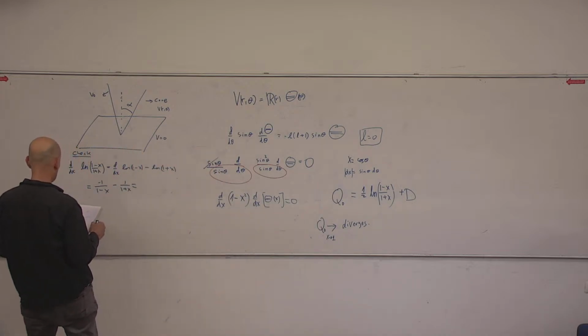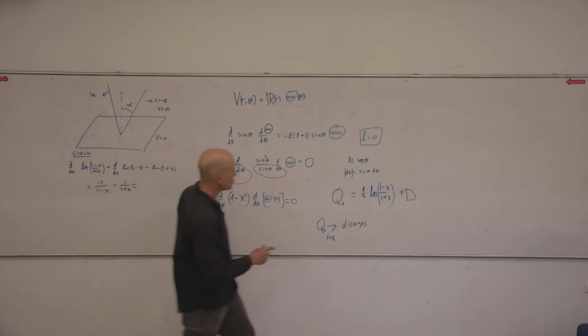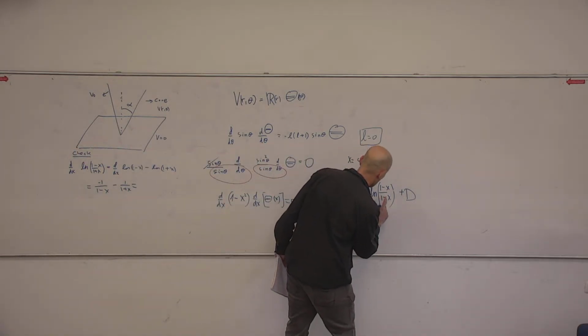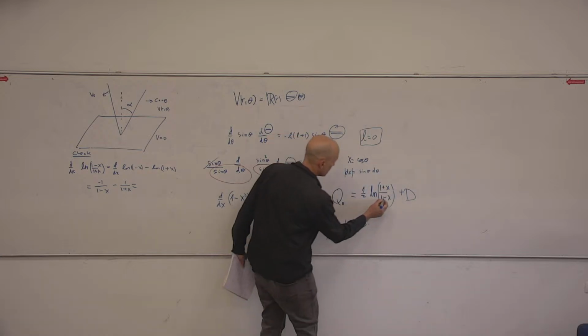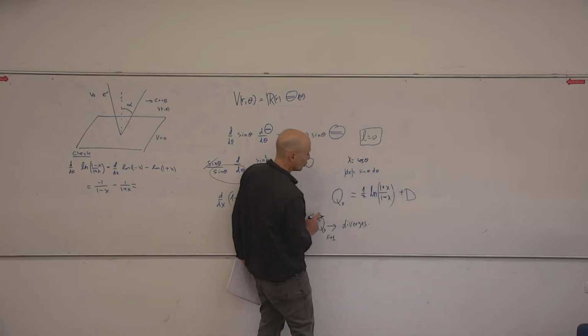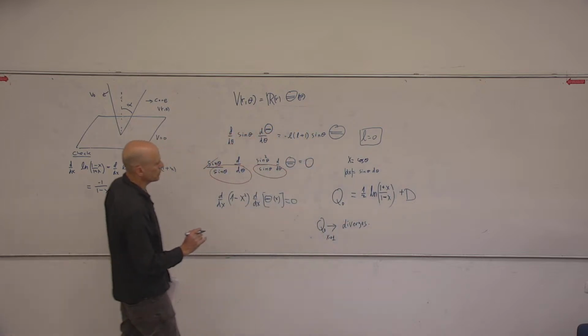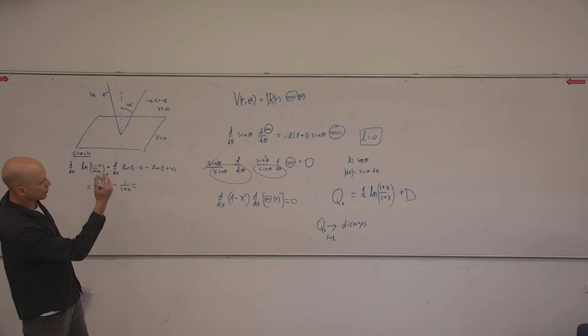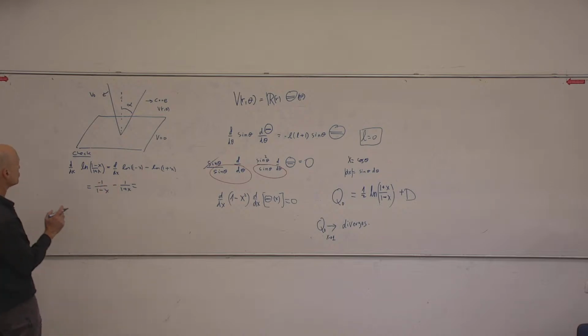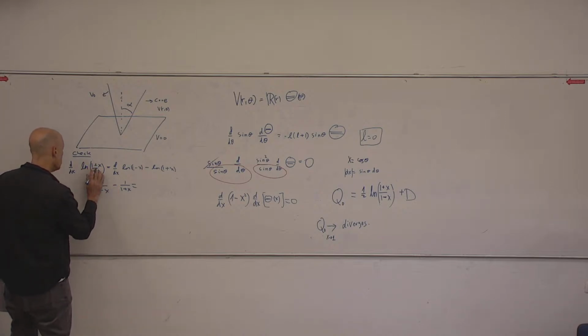Where did I make a mistake? I made a mistake here. Sorry, this is a mistake. Yes. This is a plus and this is a minus. My conclusion before is the same, but because it doesn't matter if it comes from the above or not. So let me fix it here.